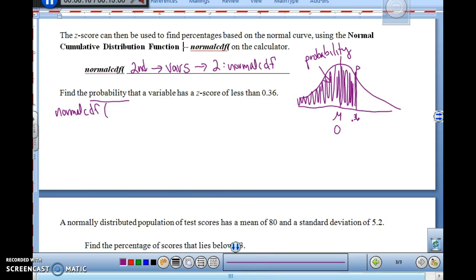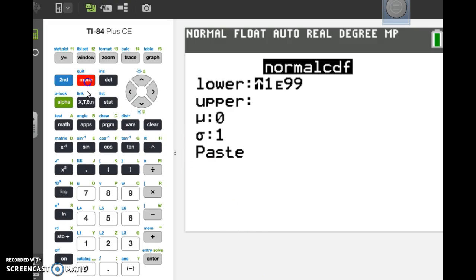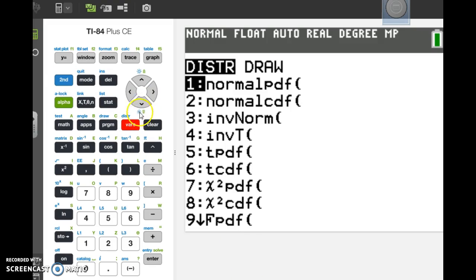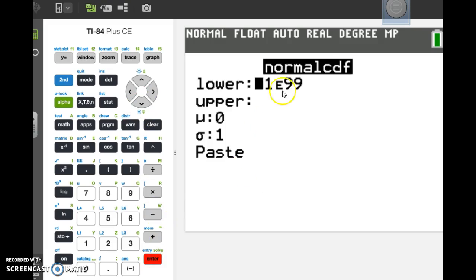Let's go back and remember how to do it again: second, vars, number 2, normal CDF. On the normal CDF, you have to have a lower and an upper, the mean and the standard deviation. The lower is the lowest point on your graph.